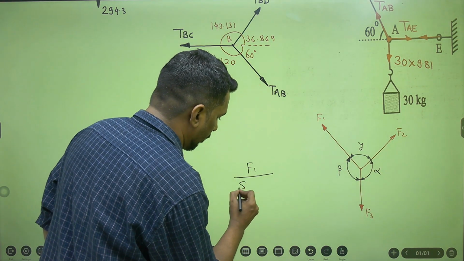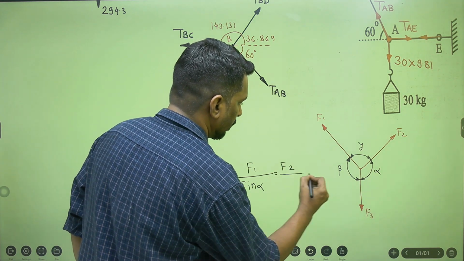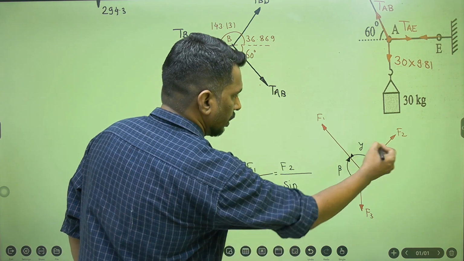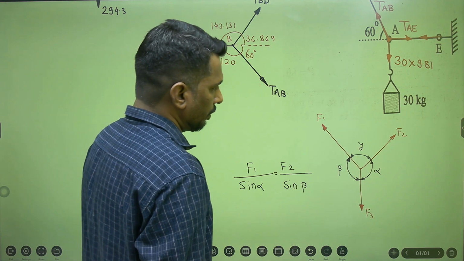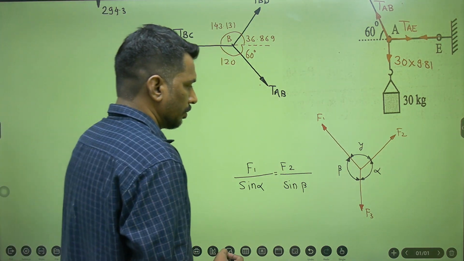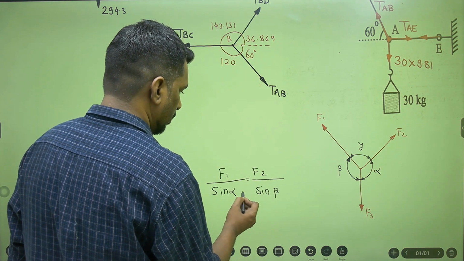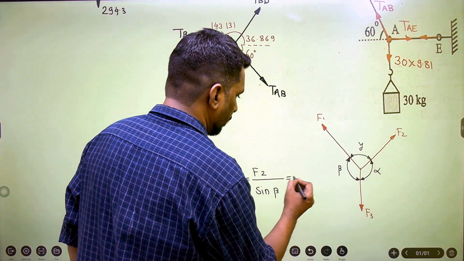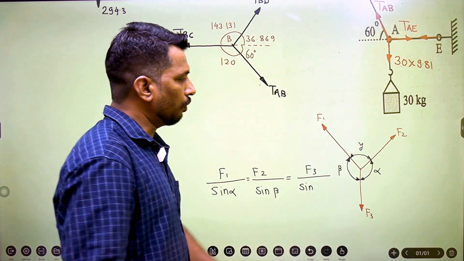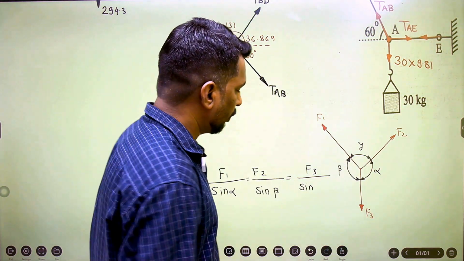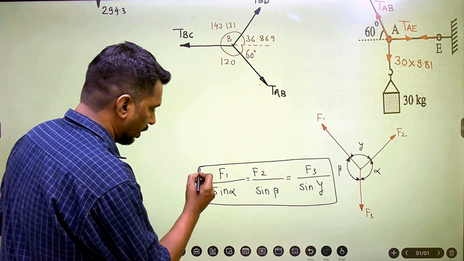So this becomes sine alpha is equal to, if I consider F2, so then this is sine angle between other two forces, that is sine beta. And similarly, F3 upon sine of angle between other two forces. So for F3 the angle between other two forces is gamma. So this is the equation, it's called as the Lami's theorem.